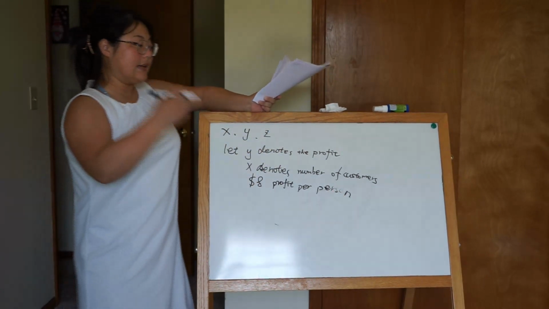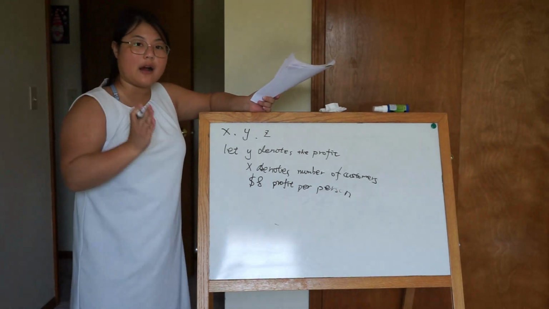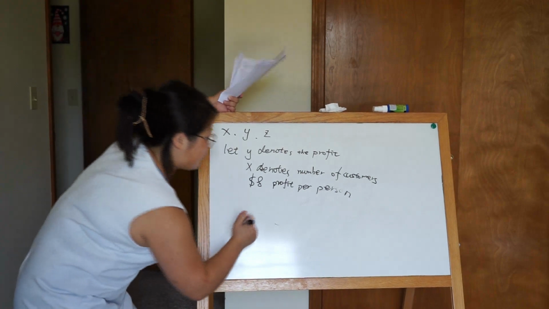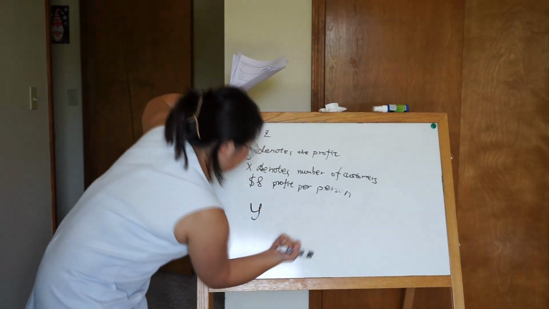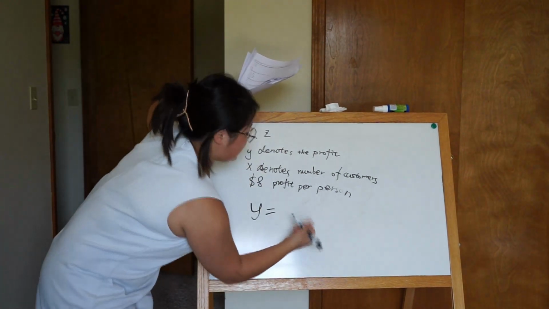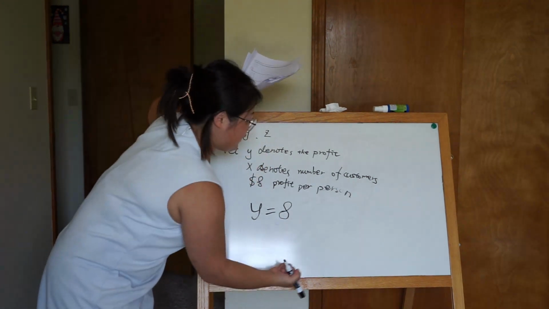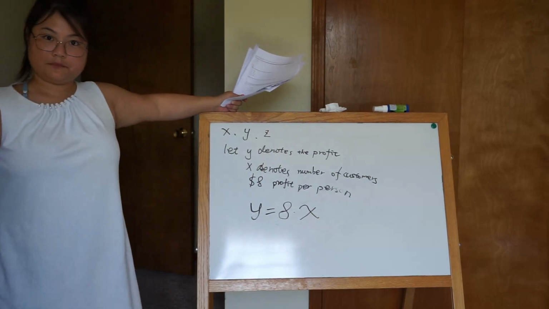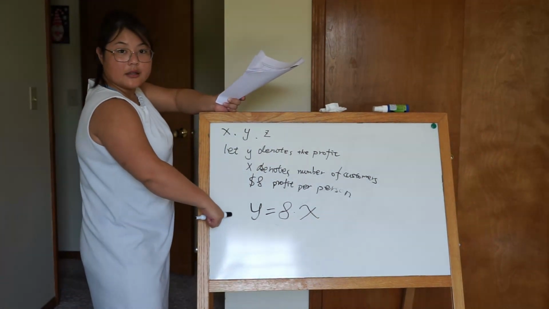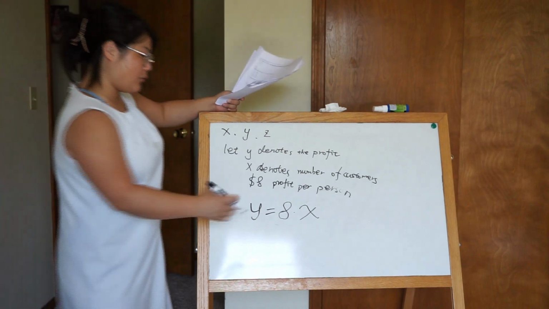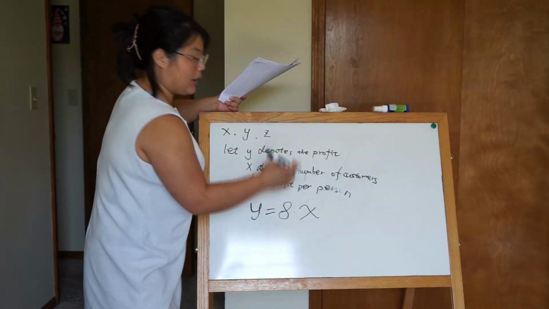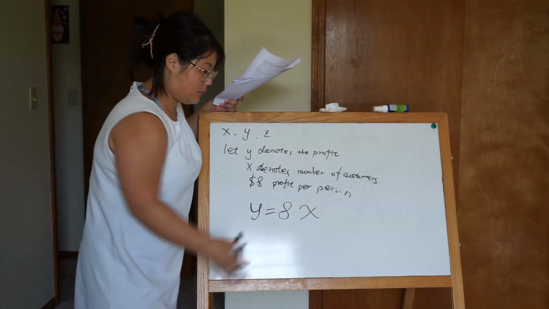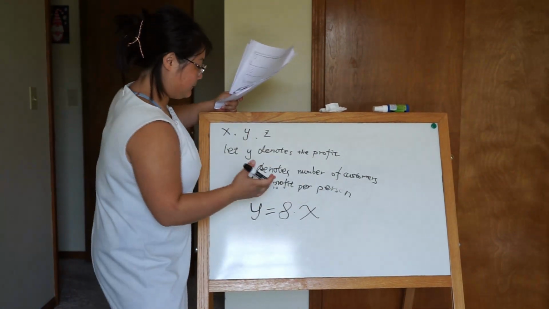So in here we can get one of our basic equations. What is it? Our profit Y equals $8 multiplied by our number of customers, right? Here we have two unknown numbers, which are also changeable.